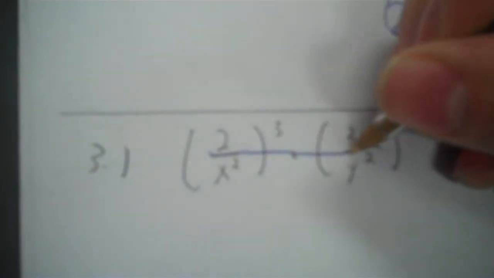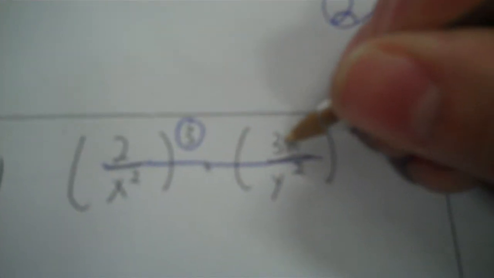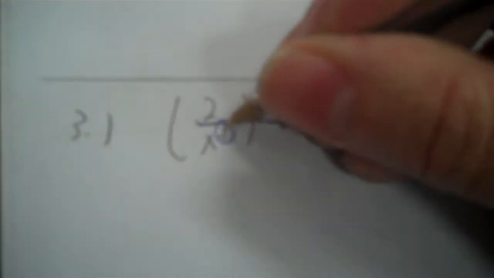Okay, number 3, remember multiplying fractions, you just make it into 1. So you got 2 to the 3rd times 3 times x to the 4th, then a 4th. Now in the denominator you have x to the 2nd times y to the 2nd. So 2 times 3 times x.